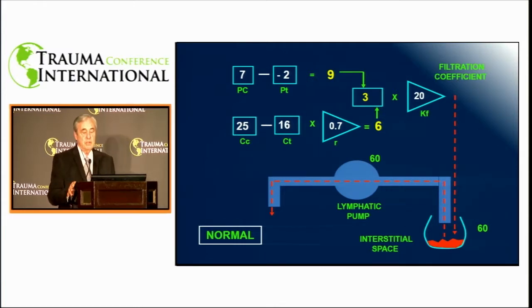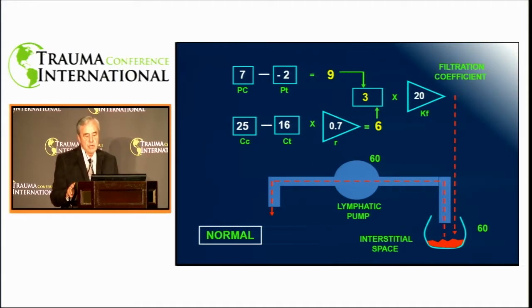And why? This slide is a little bit complex, and I don't have a pointer to be able to explain it to you, but I want you to see that the numbers above, the 7 and the -2, correspond to normal values of hydrostatic microvascular pressure: 7 in the microvascular space, intra, and -2 extra.